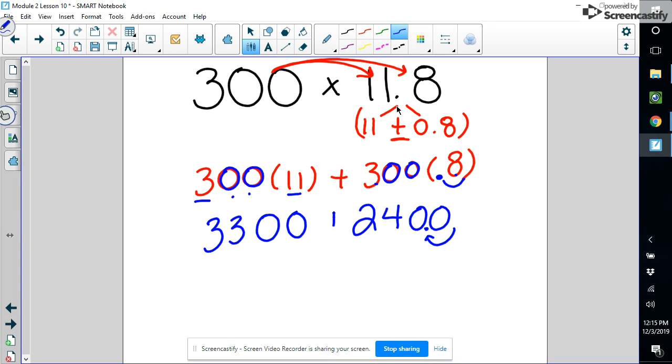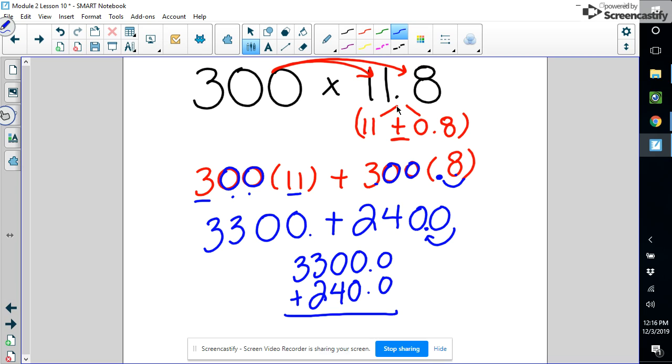Now I need to add these two numbers together. If I can't see this going horizontally, I can rewrite this vertically. So 3,300 plus 240. Now, if you add the 0.0, that's fine, but again, you want to make sure you're lining everything up. When I multiply, my numbers and decimal points don't need to be lined up, but when I'm adding, I do need my decimal points to line up.